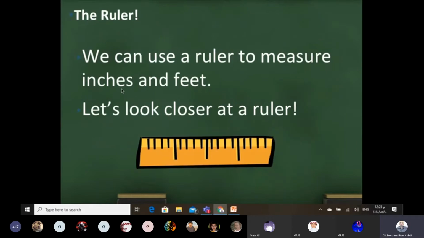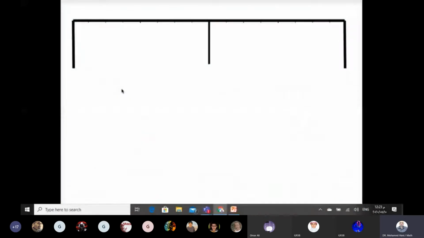You can use a ruler to measure inches and feet. Let's take a little closer look at a ruler. If we take a ruler, magnify it, and break it down into halves, we would name each tick mark as 0/2, then 1/2, and then 2/2 would be the same thing as 1 whole.